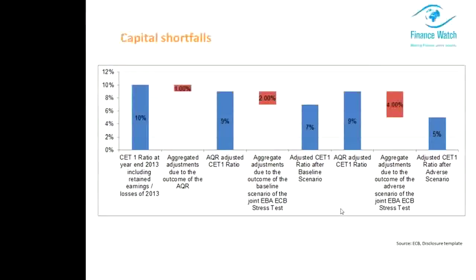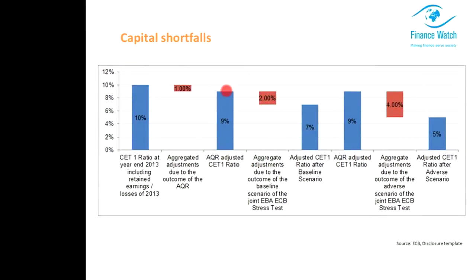In the example above, which you see, which is taken from the ECB disclosure template, and by the way, we have to acknowledge the fact that there will be such an extensive disclosure, the bank has a common equity tier 1 ratio at the end of 2013 of 10%, and the aggregated adjustment due to the AQR decreased it to 9%. Here we have a 1% drop because of the AQR.